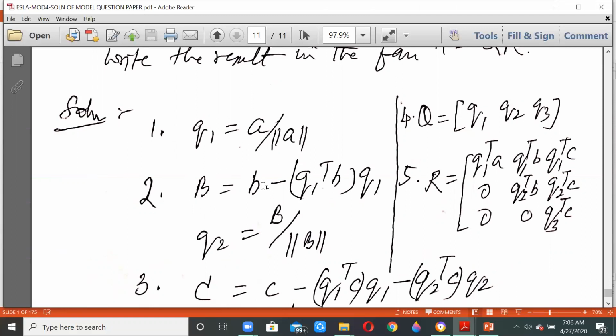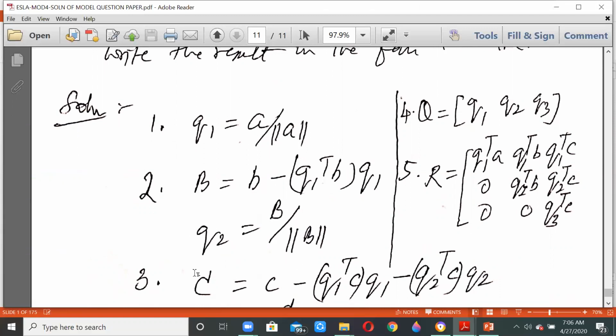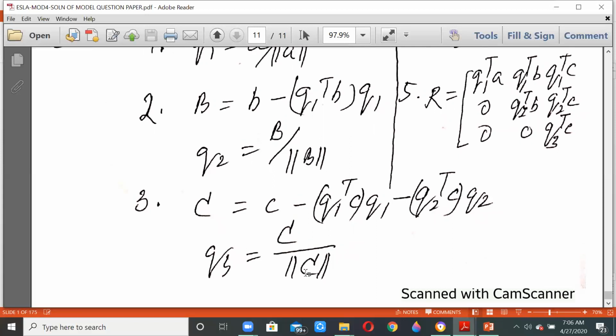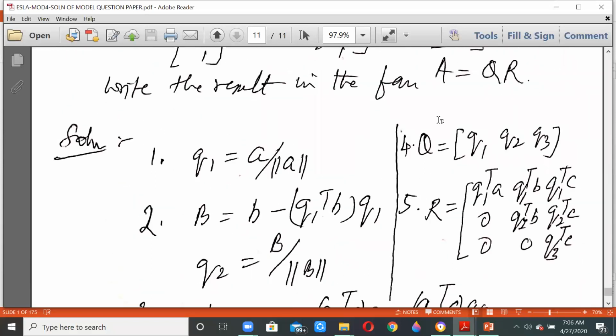Then we find capital B, b minus q1ᵀb q1. q2 is B by the length of B. Then capital C is small c minus q1ᵀc q1 minus q2ᵀc q2. q3 will be this C divided by the length of C. So having found q1, q2, q3, you can get Q as [q1 q2 q3].